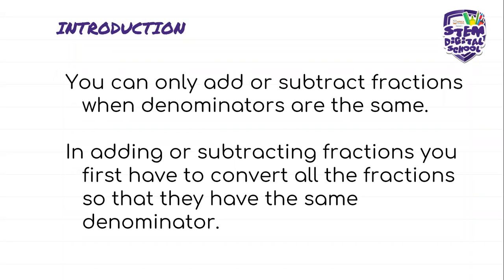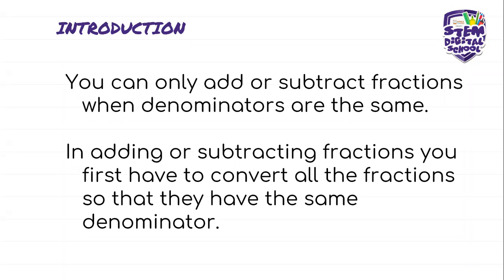At times, you will not always get fractions with the same denominator. You may get fractions with different denominators, and then you may have to grapple with that. Let's say, for instance, I give you two fractions, 1 over 5 plus 1 over 5.